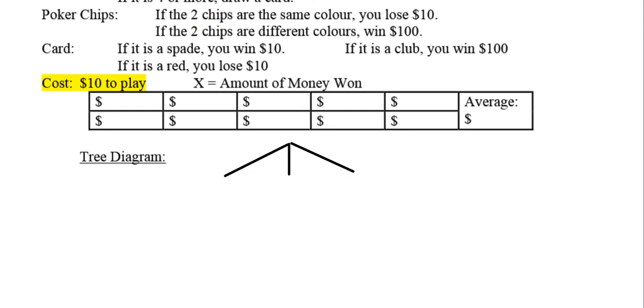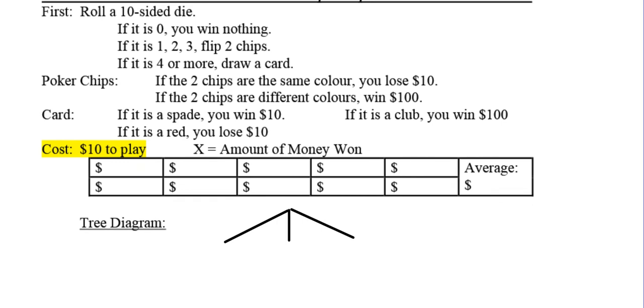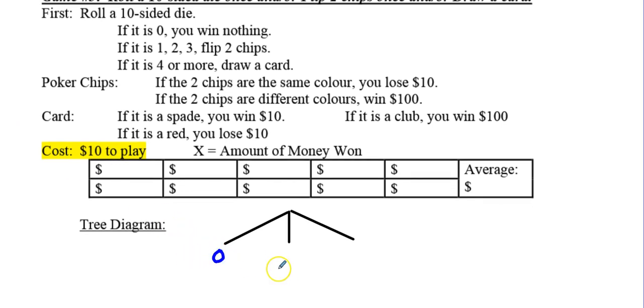You can write greater than or equal to 4. So the probability of rolling a 0 is 1/10. Rolling a 1, 2, or 3 is 3/10. And rolling greater than or equal to 4 is going to be 6 out of 10.